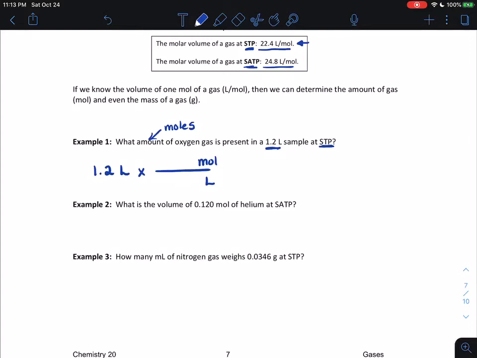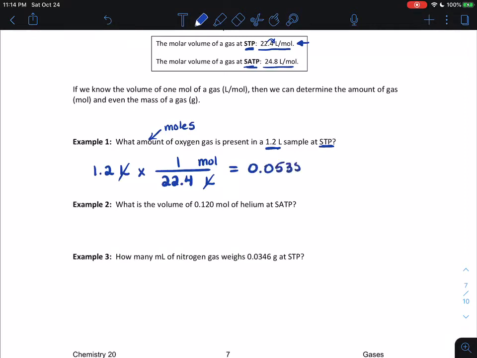Then I write the number. Remember that the number always travels with the first unit, in this case liters. So I'm going to put 22.4 liters per 1 mole. No number there means that it's 1. My liters cancel out, and I'm left with moles. So it's 1.2 times 1 divided by 22.4.